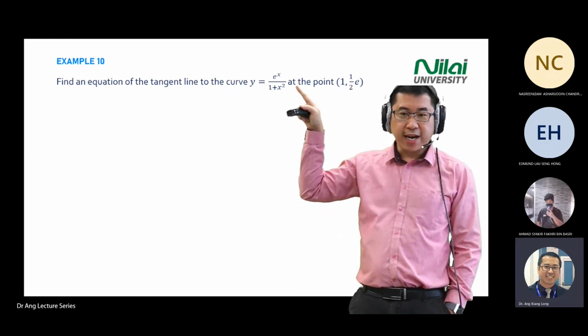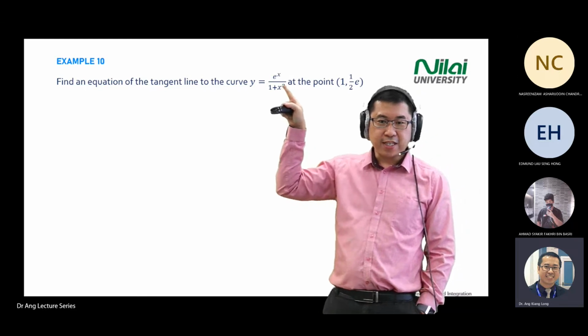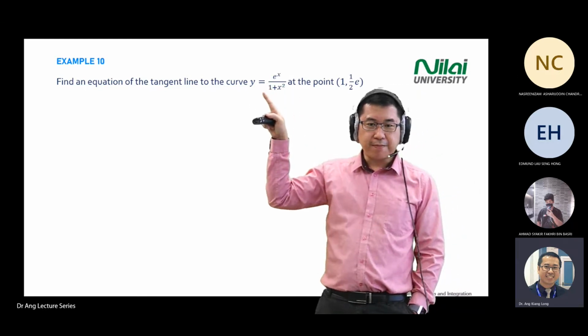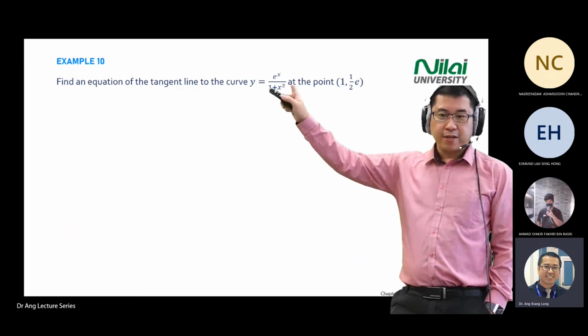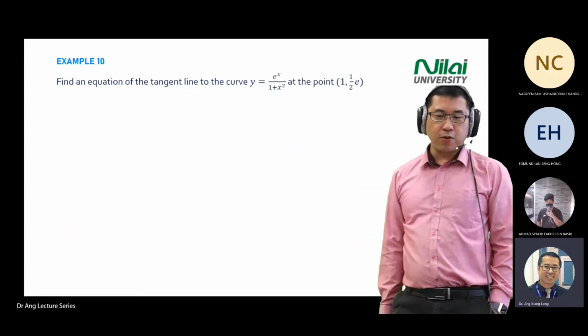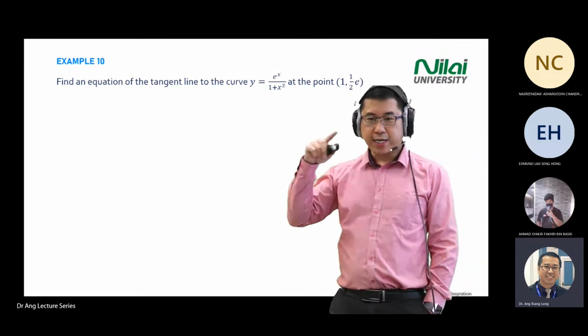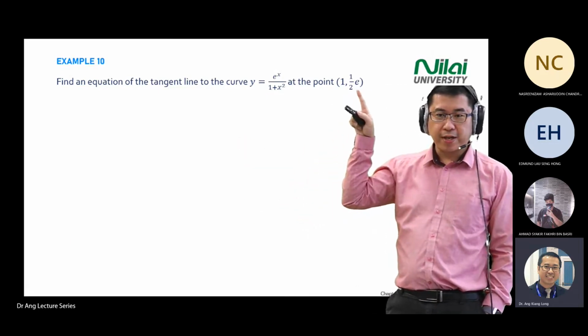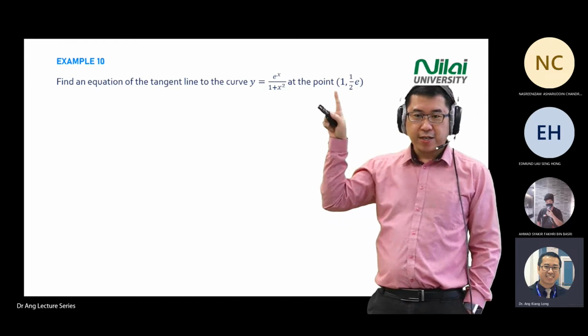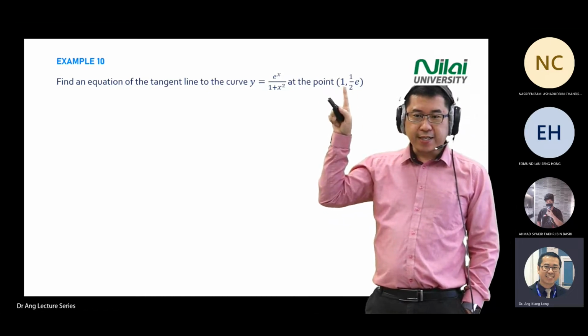Differentiate this one. And you look at the question, this equation is actually top divided by bottom. So you use the quotient rule that you learned just now. f(x) above, g(x) below. You do the calculation and then you're given a point. You're given the x point and y point. This is the coordinate. So this is x, this is y.